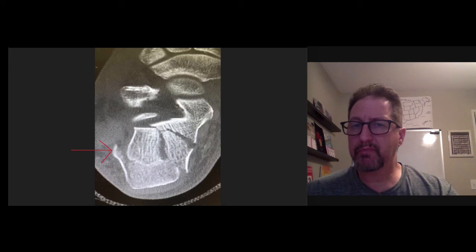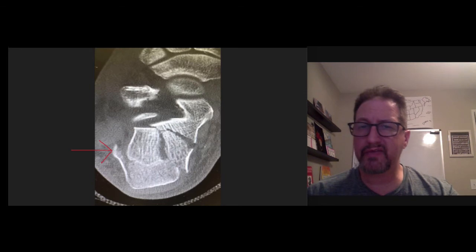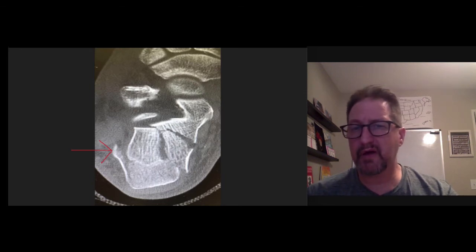And that lateral wall piece actually articulates with that first piece that we were just looking at, that kind of square piece of the posterior facet. So if things were brought back into proper alignment, that wall piece would articulate with that sort of central looking piece of the posterior facet.